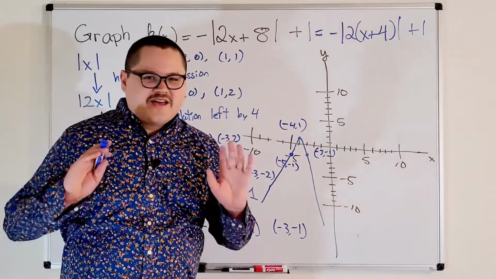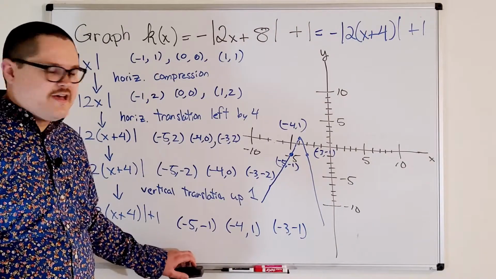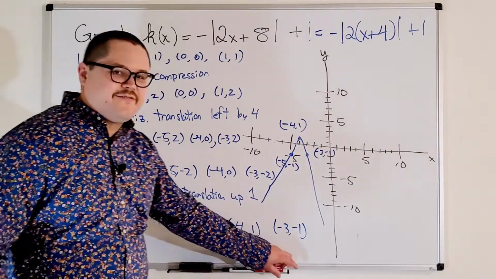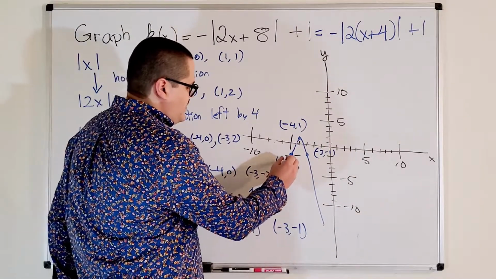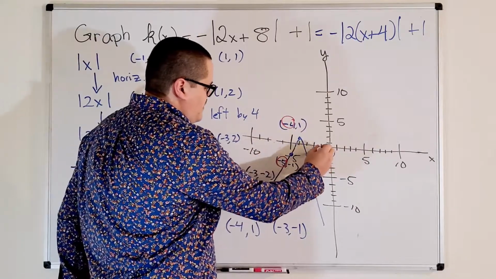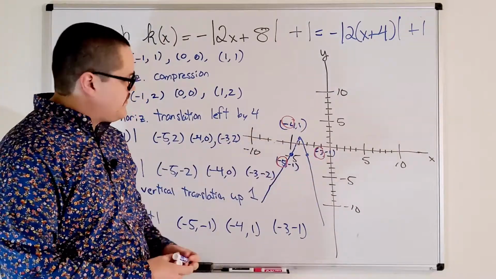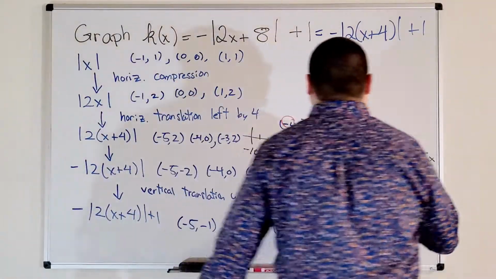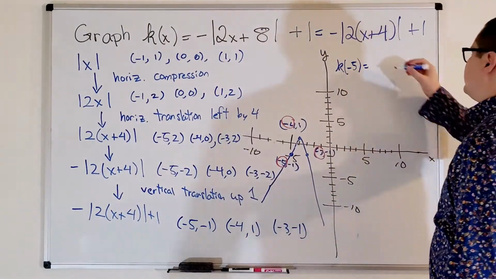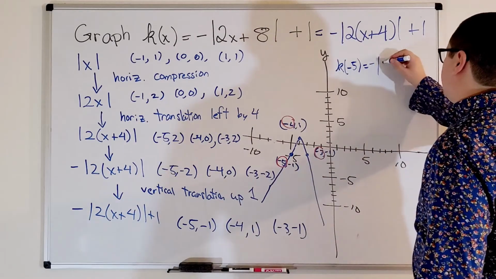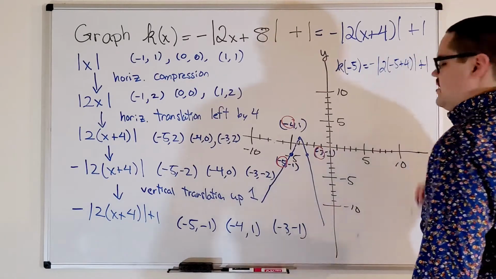Let's do one last check, make sure we did everything okay. So what can we do to check it? We can plug in the 3 x values that we obtained, namely -5, -4, -3, and make sure that we get these 3 y values. Okay, so k of -5, well, that's negative quantity absolute value of 2 times (-5 + 4) plus 1.